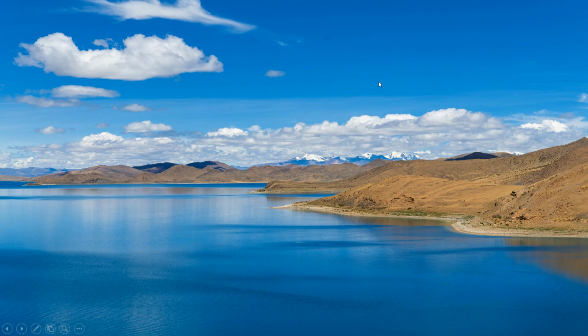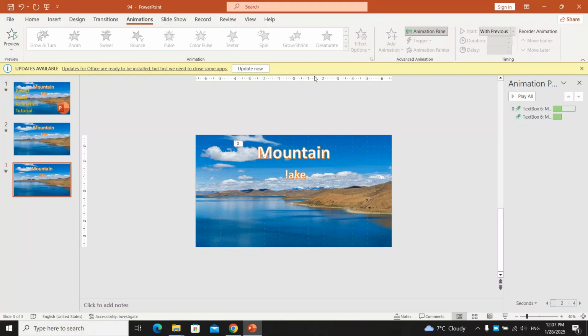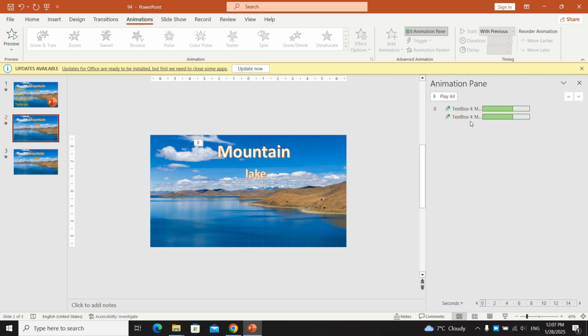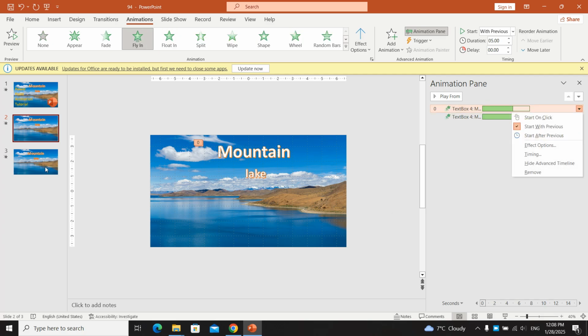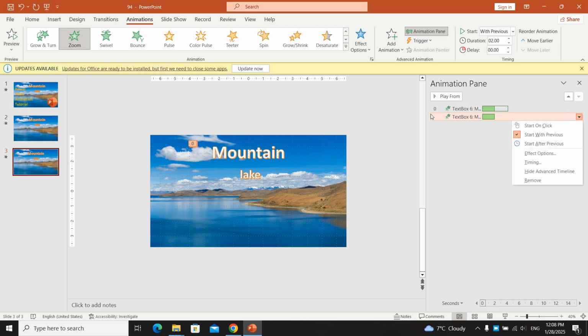What is happening? You see, the effect is not like what we want to create. Let's go here and see what the problem is. The problem here is that we created the animations, start with previous, everything is alike. But why is the animation not working as we want?